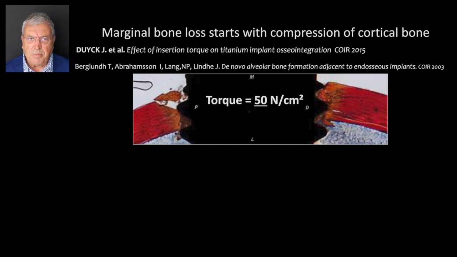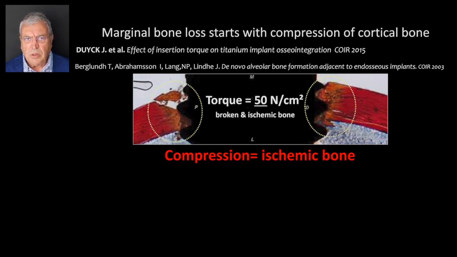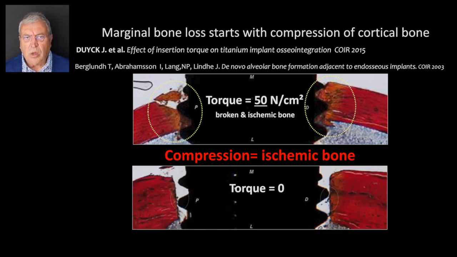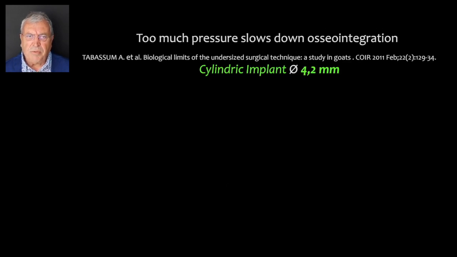This paper, published by Dweck, showed that high torque induces a broken and ischemic bone. If we don't place any torque, the bone is really healthy and not ischemic. We have another publication from Tabassum.